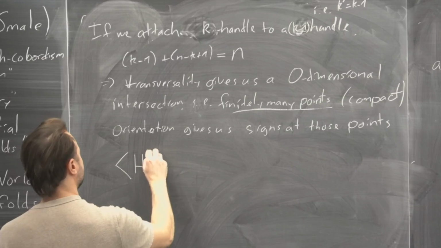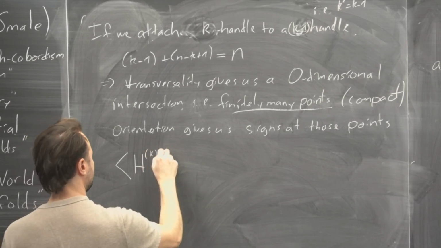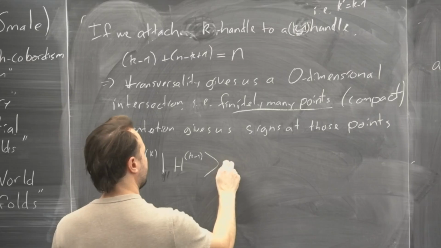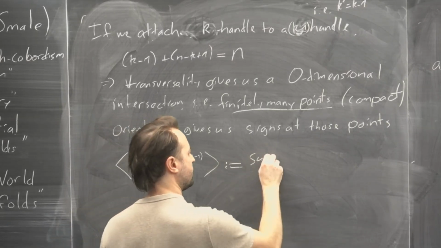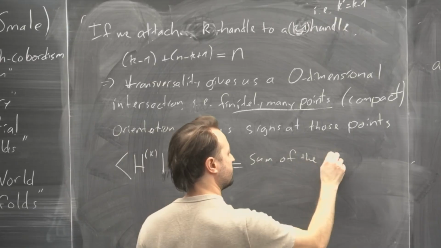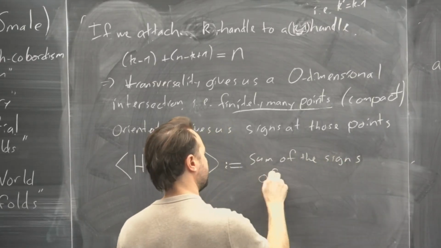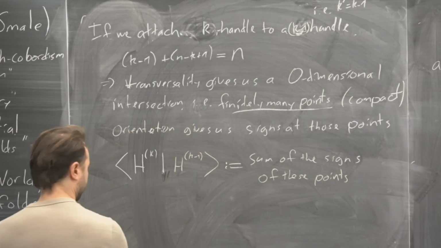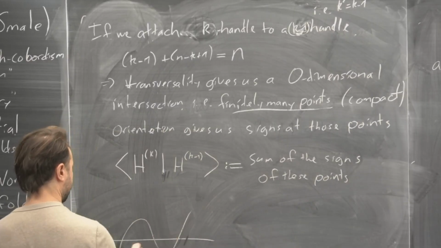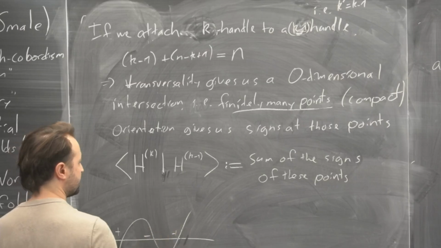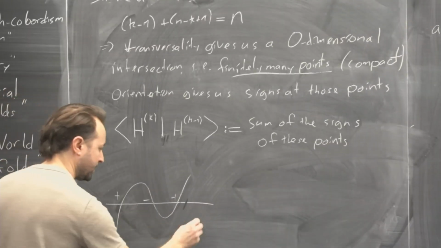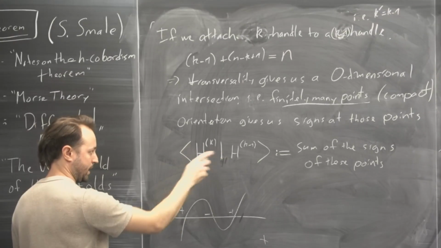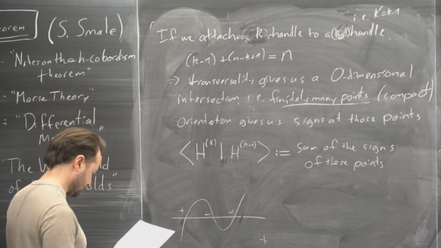So the intersection of our k handle with our k minus 1 handle is equal to the sum of the signs of these points. So this is looking like one of the drawings I had before. Here's one of our things. Here's another one of our things. That's plus, that's minus, that's plus. So the plus that we get at the end by canceling all of this stuff out, I'm denoting it using this bracket, so I don't have to describe it over.